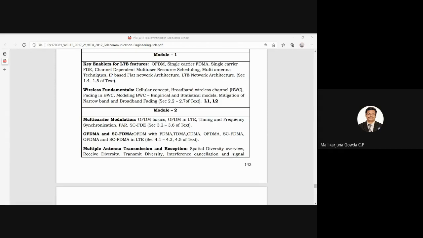Okay, so with that, let me briefly talk about the evolution of mobile networks from 1G to 4G. Though it is not as per the syllabus, I wanted to give you an overview of the mobile network evolution. Is that fine?